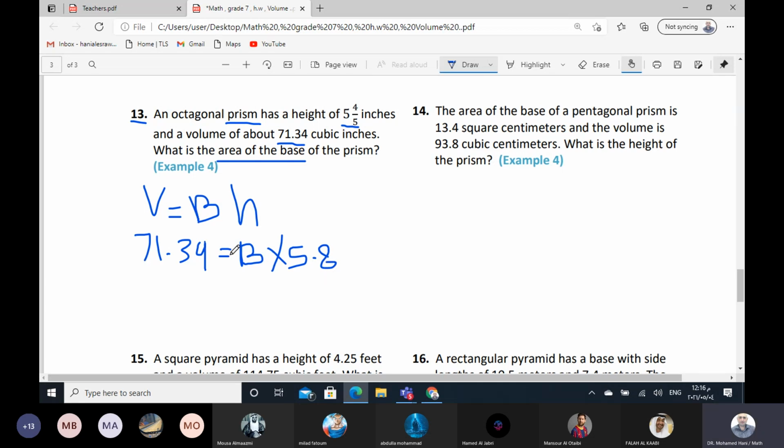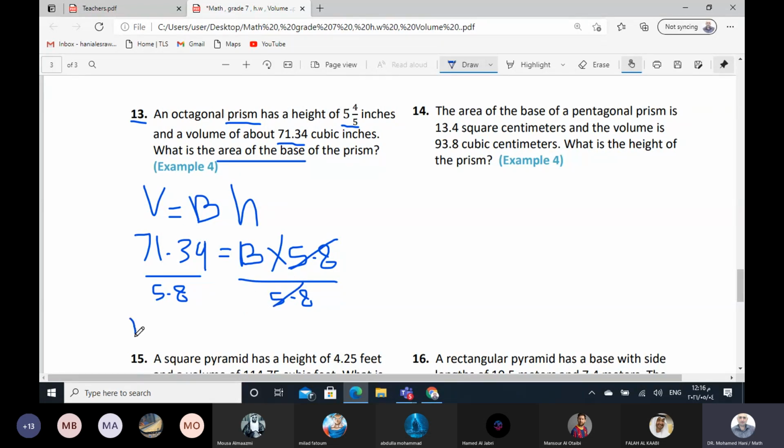Then, as you see here, we have an equation. To solve this equation, divide the two sides by the coefficient. Divide here by 5.8 and divide here by 5.8. So 5.8 divided by 5.8 will be 1.